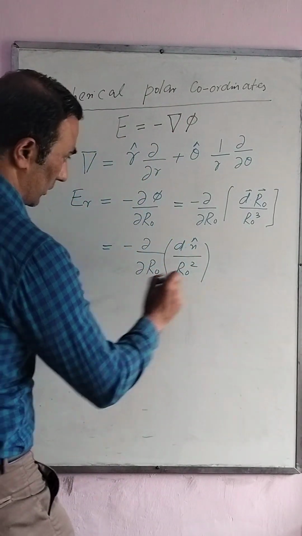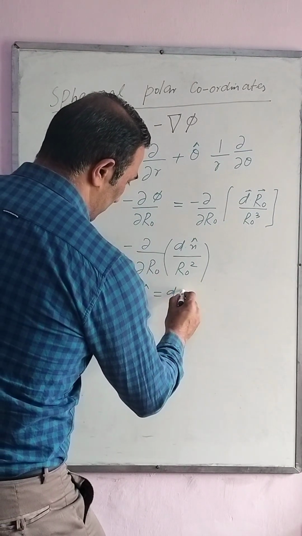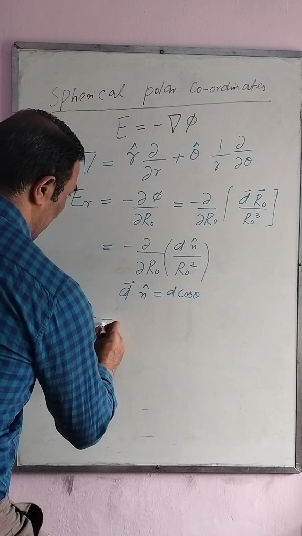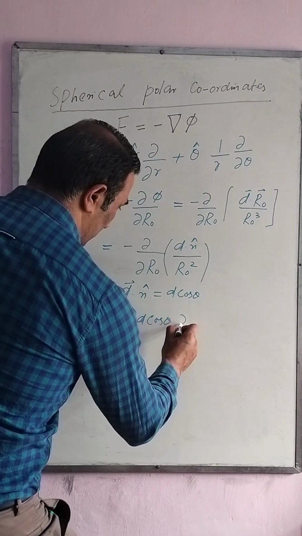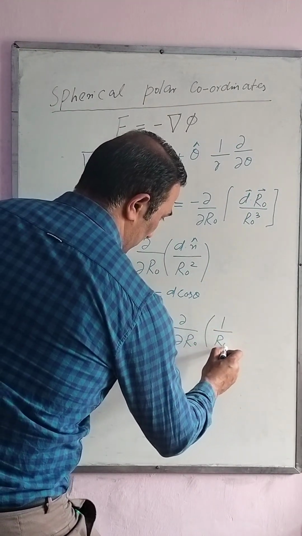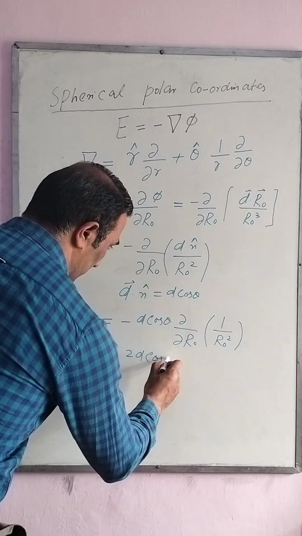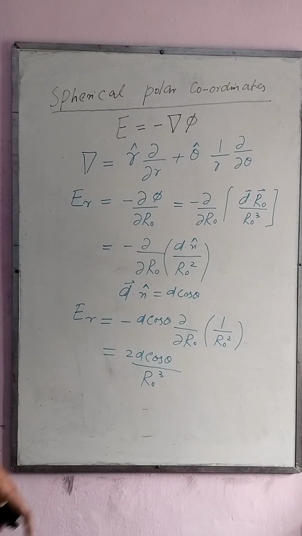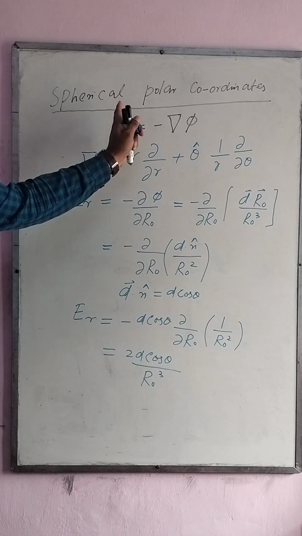This d dot n cap we have already calculated, that is d cos theta, right? So E_r will be equal to minus d cos theta partial by partial r naught of 1 by r naught squared, or this will be equal to 2d cos theta by r cubed. So this is the radial component of the electric field intensity in spherical polar coordinates.